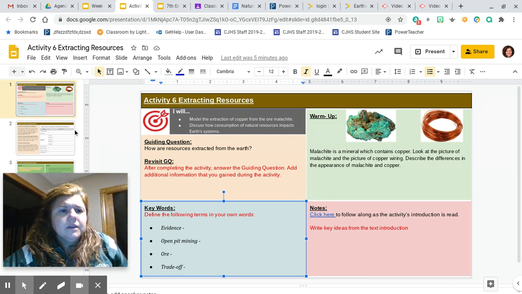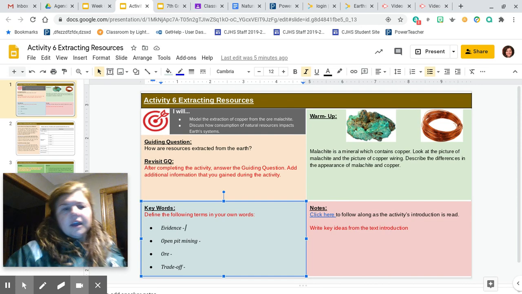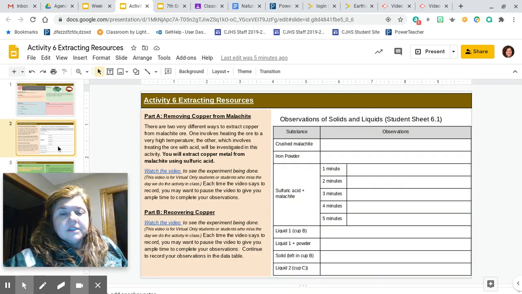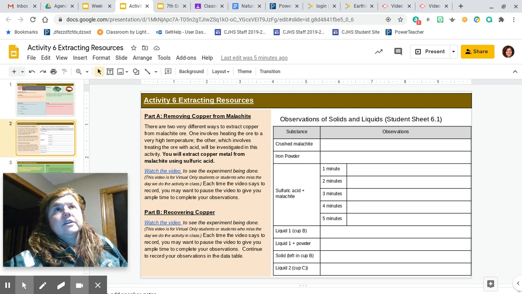Okay. So this is where we're starting here. We should have slide 1 completely finished after your first day of working on this. And then we're moving on to slide 2, where you're going to prepare for the lab that you're going to do on your second day in class.